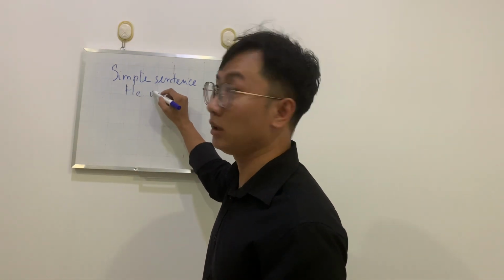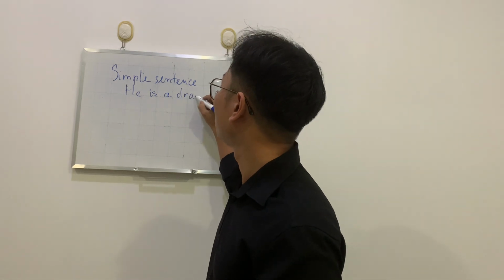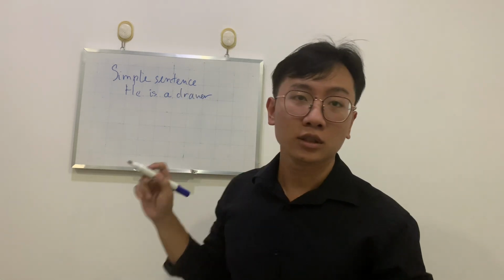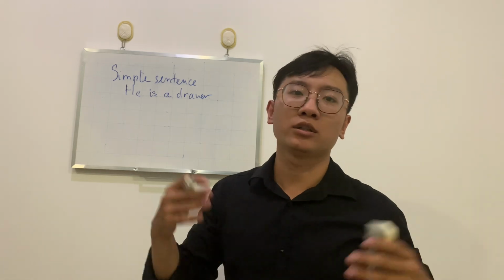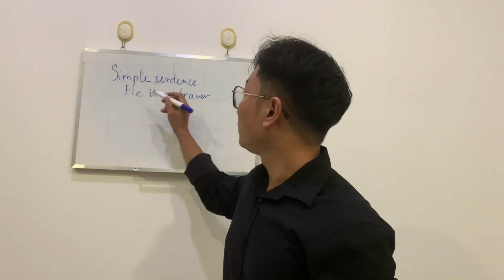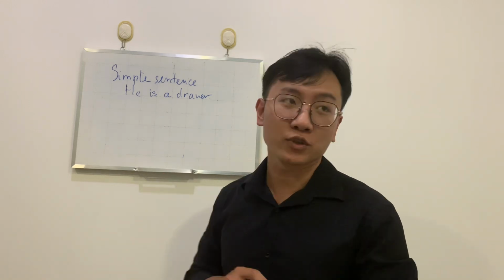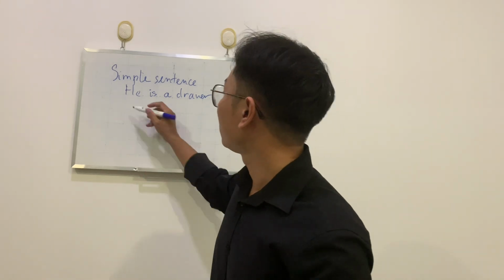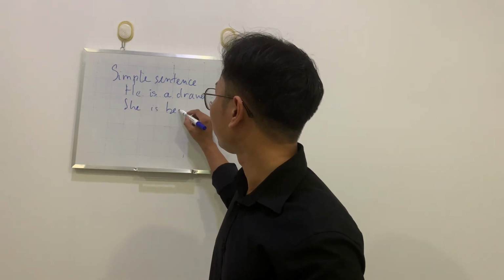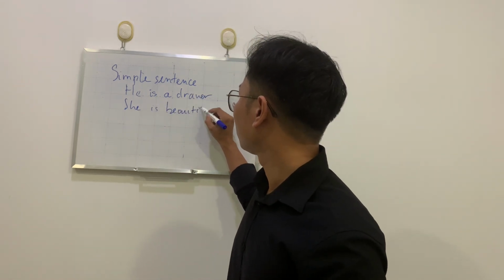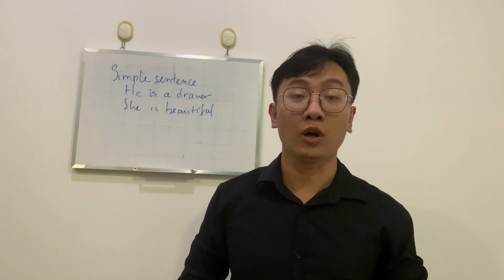He is a drawer. Okay. How about you? Can you give me another sentence that you think, in your opinion, is a simple sentence? She is beautiful. All right.